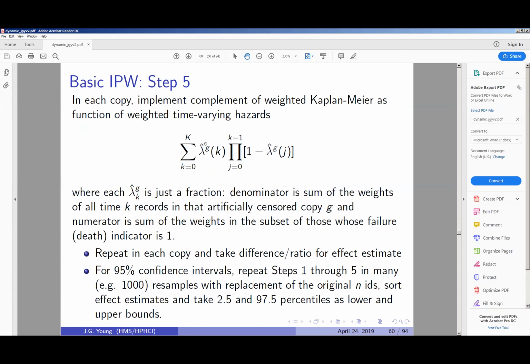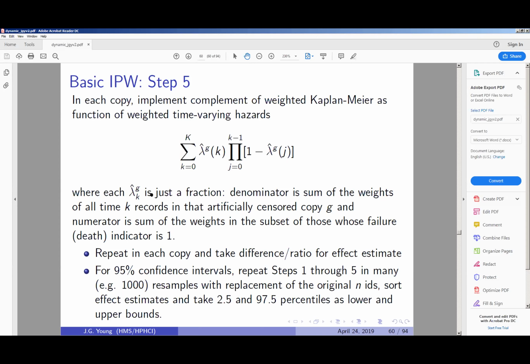We're going to plug in estimates of the weighted hazards, where the weights are those estimated weights, and the denominator of each of these is going to be the sum of the weights of all time k records left in the data set. Because again, we toss records after they fail or are censored. So of all the records that are sitting in the data set, it's just going to be the sum of the weights in each copy.